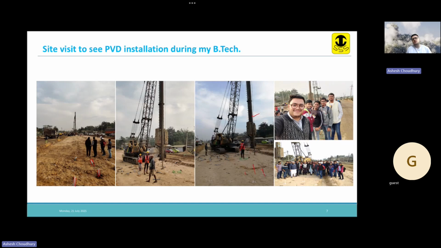So what do these PVDs do? These PVDs actually accelerate the consolidation process. Say previously, the general process of consolidation would have taken 10 years to achieve 90% consolidation, but now the same amount of consolidation can be achieved within 6 months if you introduce these PVDs. These are an alternative to sand drains. Sand drains are difficult to construct and also they are prone to damage a lot.